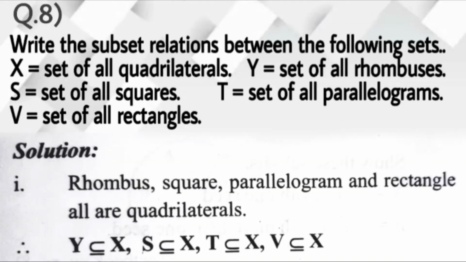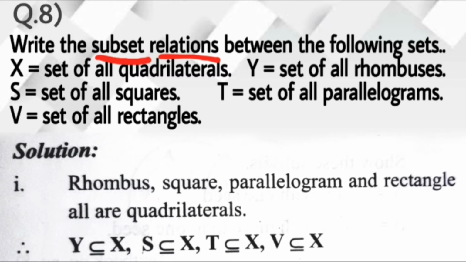So here is question number 8. Write the subset relations between the following sets. Here we have to find subset relations. This type of question we have also seen in the practice set. Here we have 5 sets.